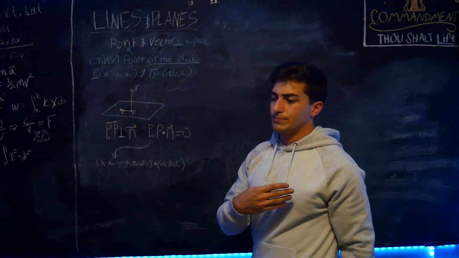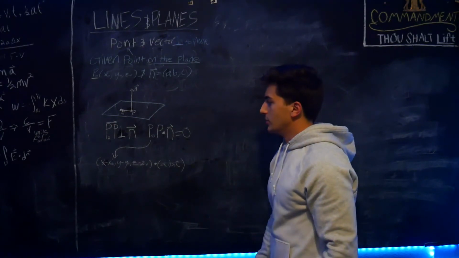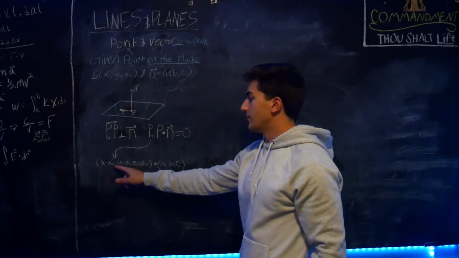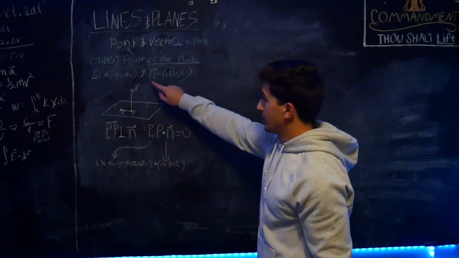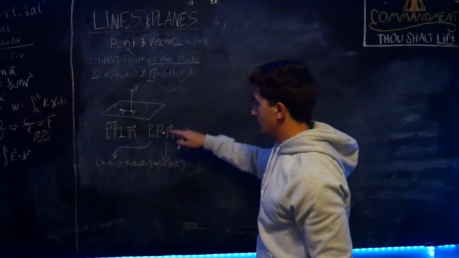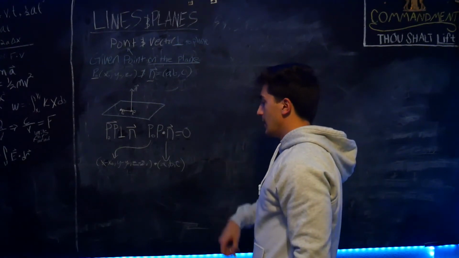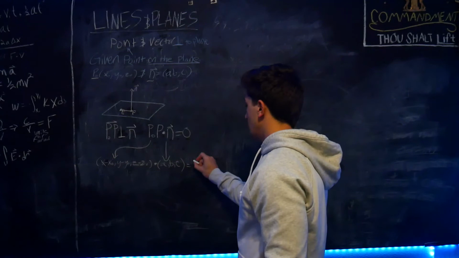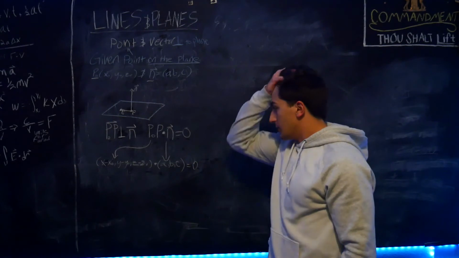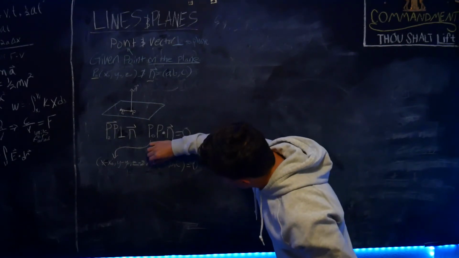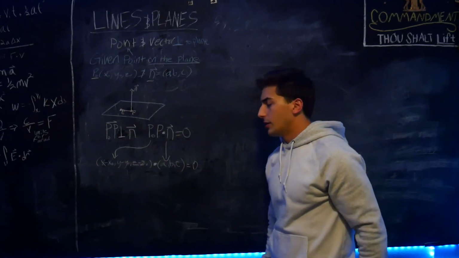Because of the cosine. So write this out in its component form, and this, right? We're given these here. Just write them out in their component form. Same thing. We're not changing anything, and equals 0. Okay. So now that we've written this out, let's just do it.